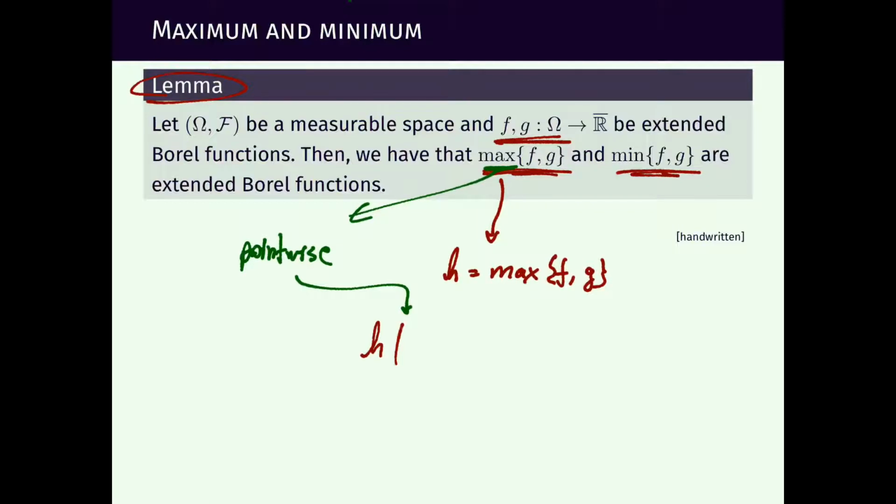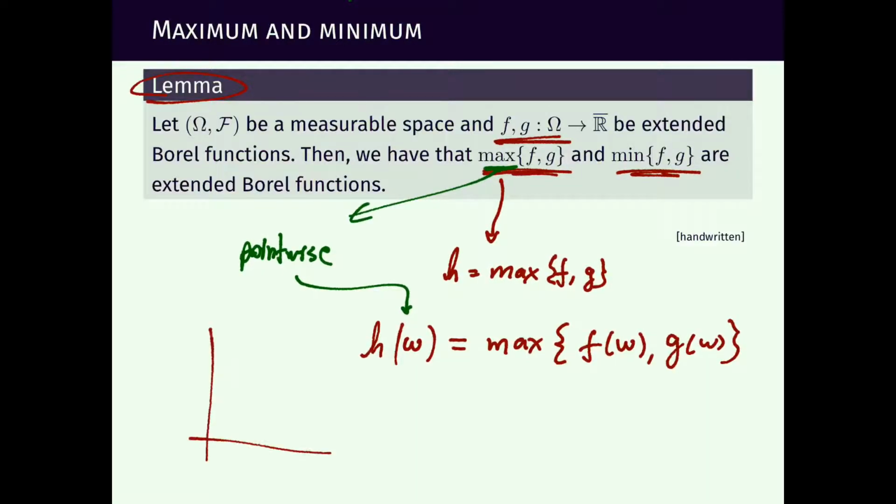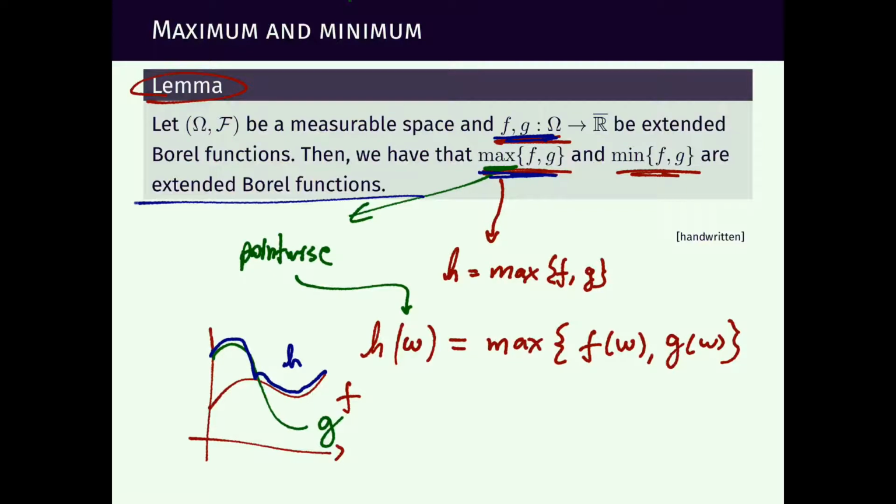So that means for each omega, h of omega is defined as the maximum of f of omega and g of omega. So the maximum of two functions, if this is f and this is g, then their maximum h will be this. This is the maximum of two functions. And what the lemma says is for two extended Borel functions, their maximum is also an extended Borel function.